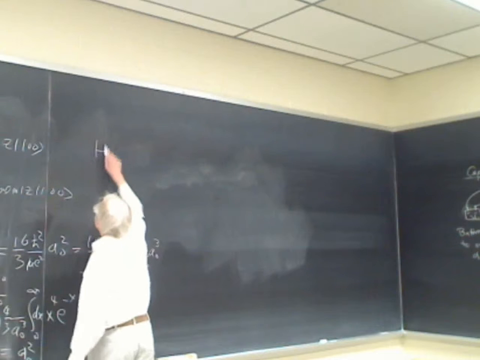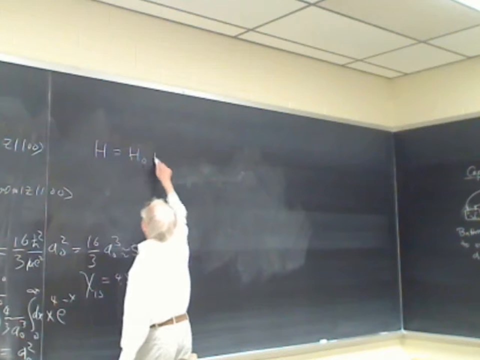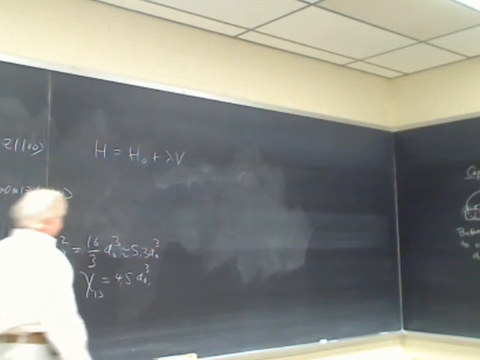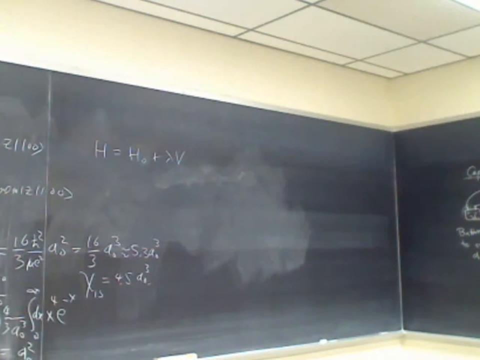So we have H equal to H0 plus lambda B. And the question is, what do you do in non-degenerate perturbation theory?